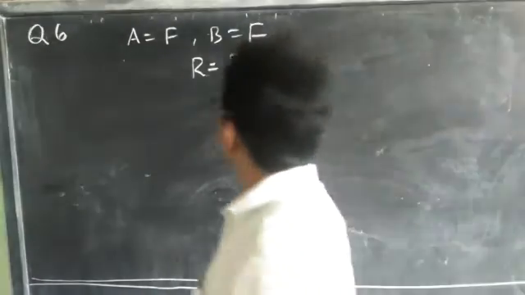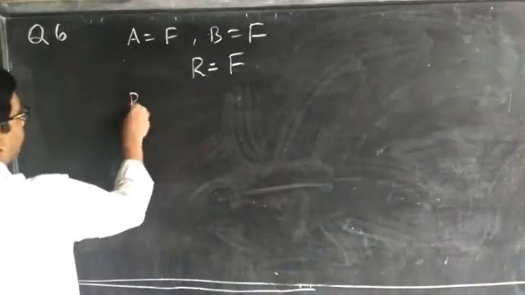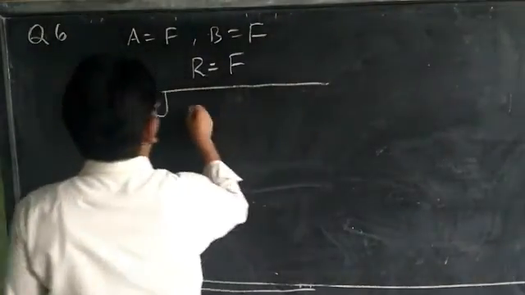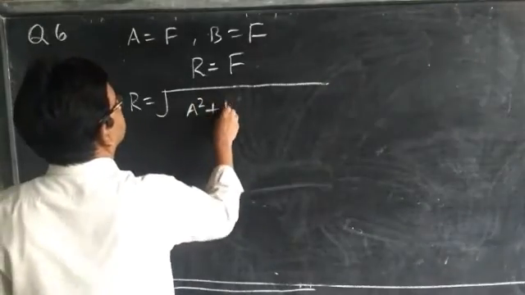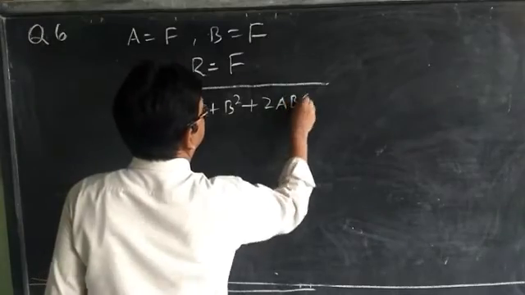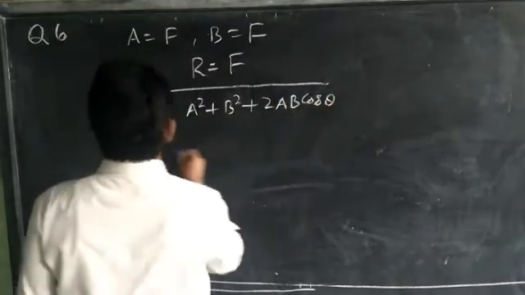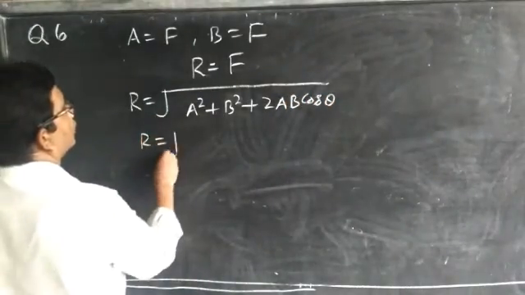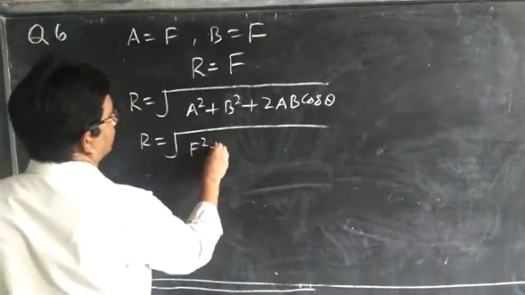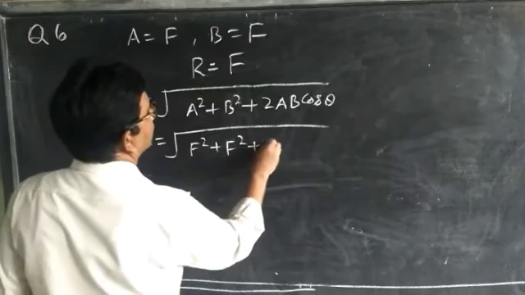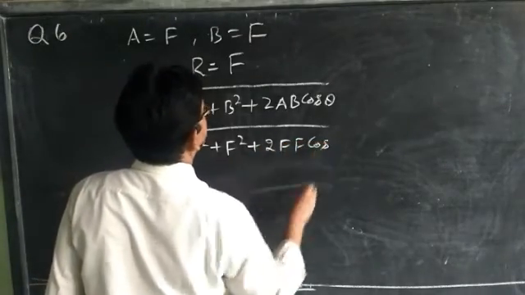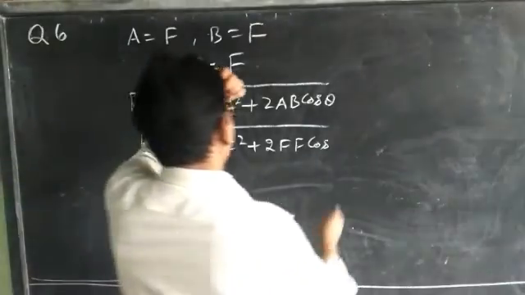We know resultant vector R is equal to under root A square plus B square plus 2AB cos theta. R is equal to under root F square plus F square plus 2F square cos theta.